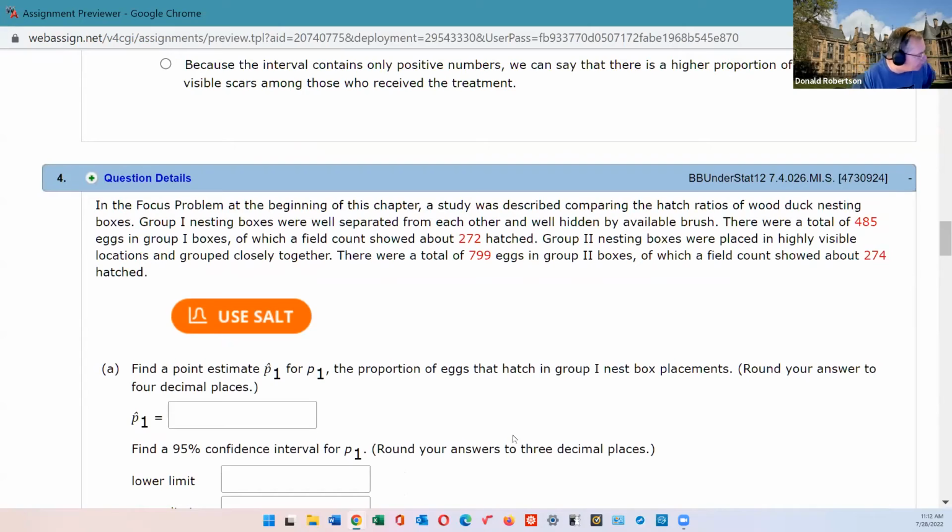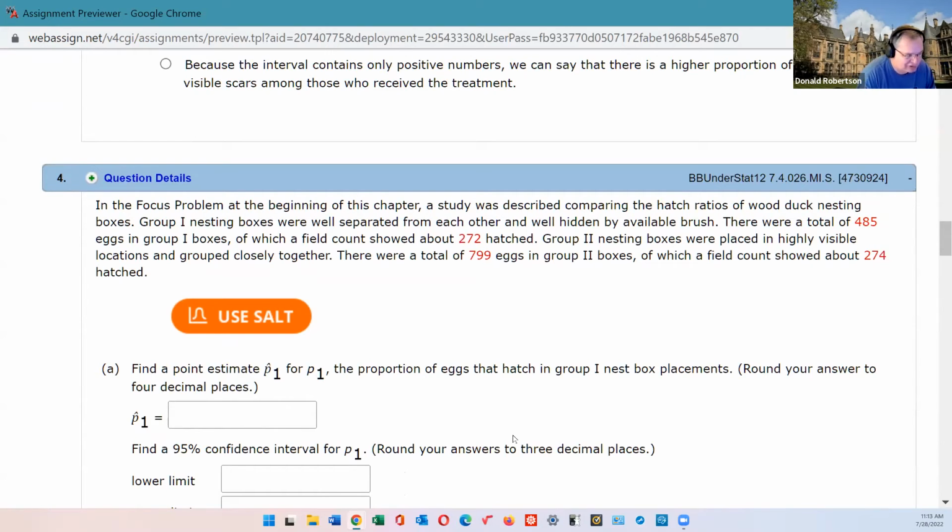This is question 4 I'm looking at. In the focus problem at the beginning of this chapter, which I'll assume that if you read the book, you would know about it, the study was described and compared the hatch ratios of wood ducks nesting boxes. So population 1 were given boxes that were separated from each other and are well hidden, right?